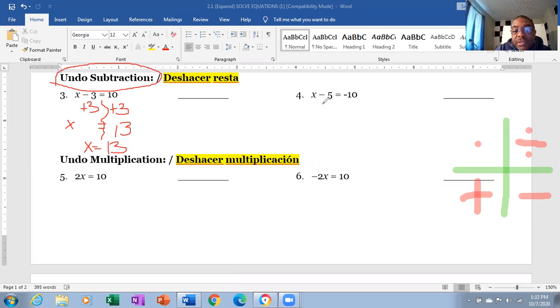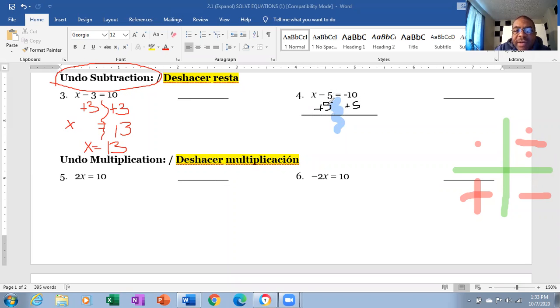Let's do it with this one. I'm going to go through it very quickly. First of all, remember we have the river here. So the opposite of negative is plus. So we're going to add 5 on both sides of the river.